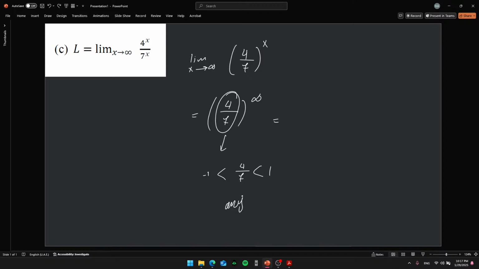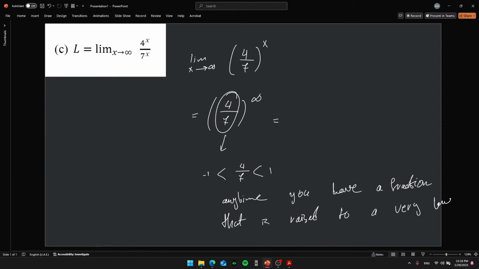Any time you have a fraction that is raised to a very large number, then it goes to 0.